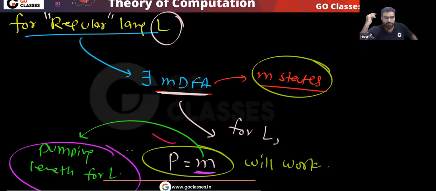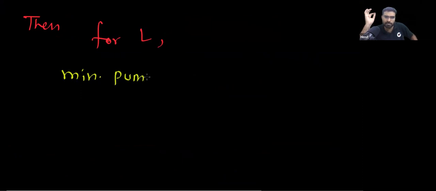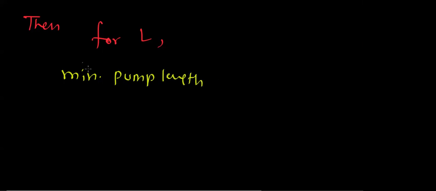Now tell me, if M is working as a pumping length for L, what is the minimum pumping length? The minimum pumping length will be less than or equal to this.